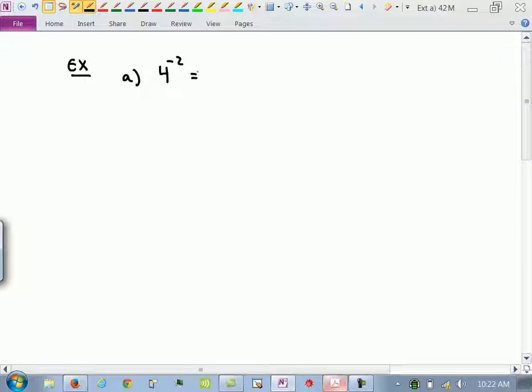What's 4 to the negative 2? 1 over 4 positive 2, but what is 4 to the positive 2? 16. So your answer is 1/16. So that's it. That's our answer, 1/16. Done.